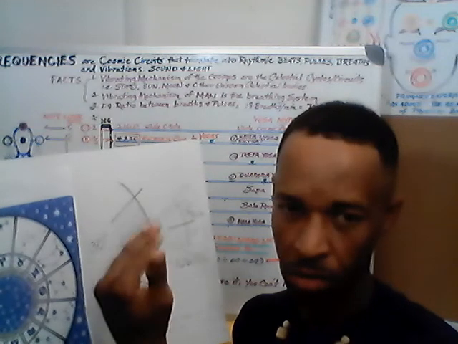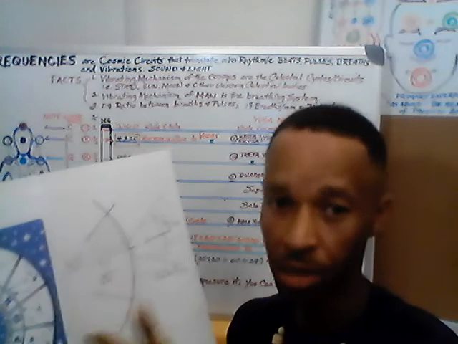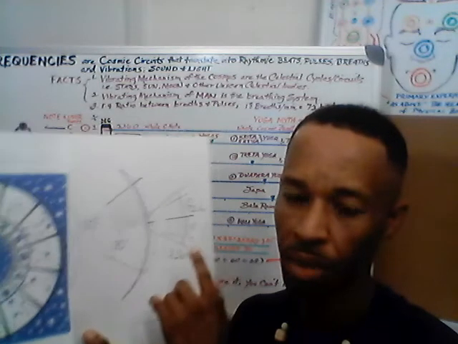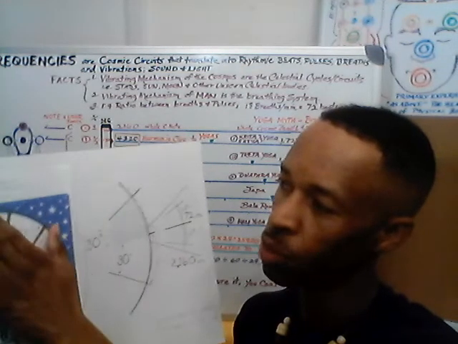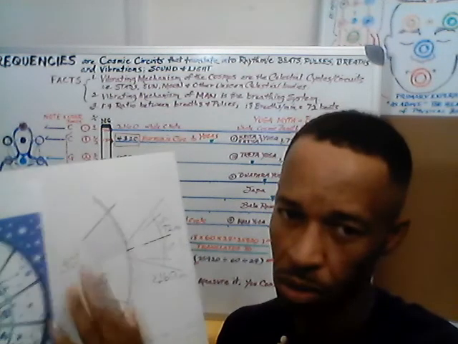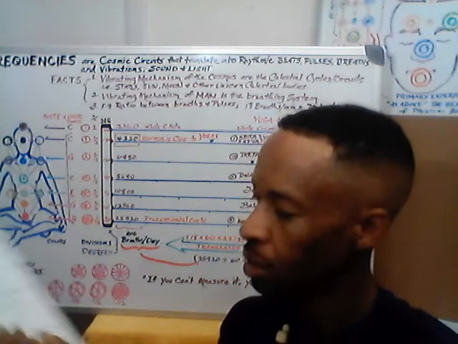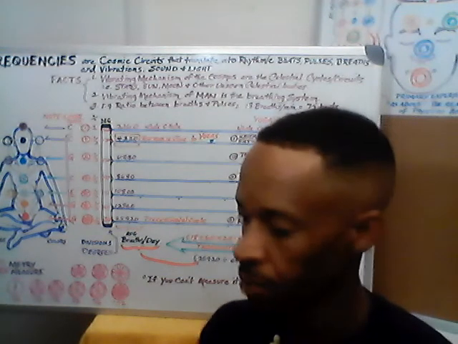When it makes its turn, each degree is 72 years, and you multiply that by 12, and that would bring you up to one great cycle, or one great precession of 25,920 years.